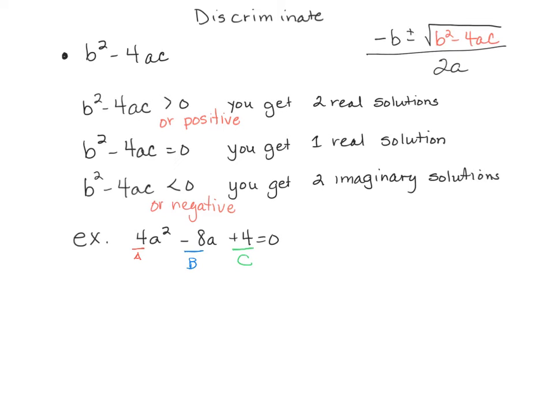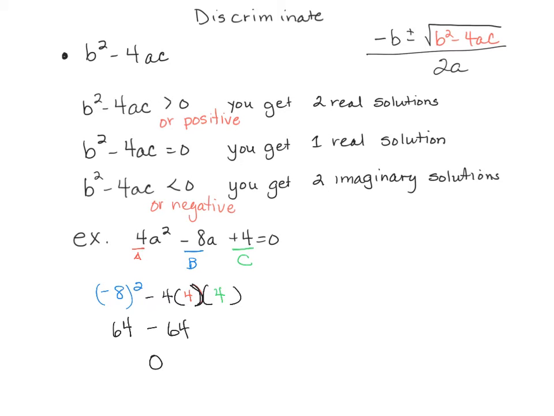So we are going to go negative 8 squared minus 4, and that's my a, and then my c is also a 4. When I do this, negative 8 squared is 64, minus 4 times 4 times 4 is also 64, so I get 0.